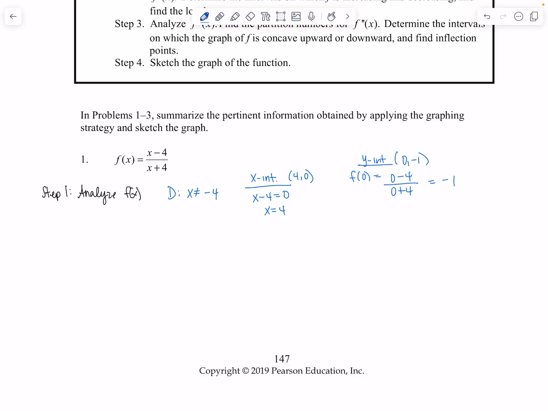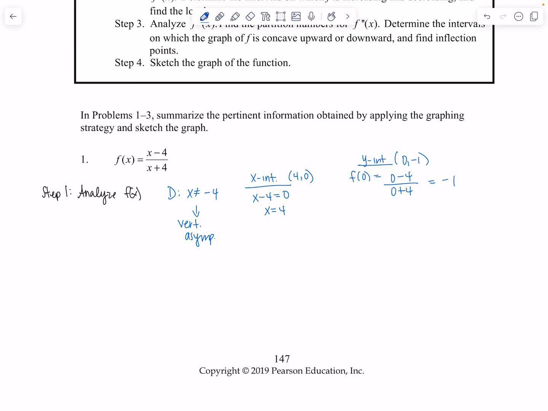And the vertical asymptote is just our point of discontinuity. So I'm going to also label this our vertical asymptote. Horizontal, we'll find, that's when we take the limit as it goes to infinity.